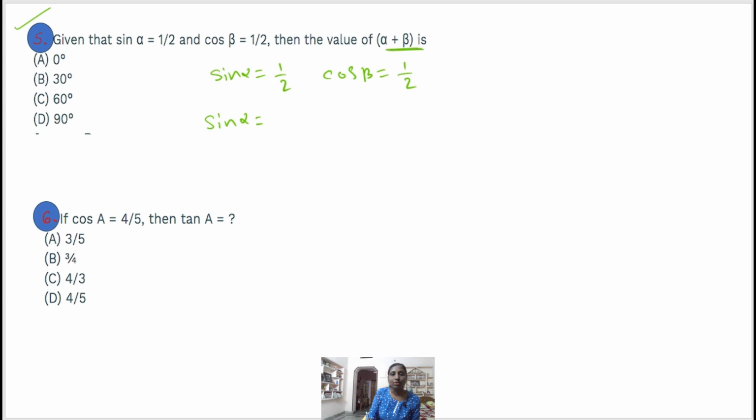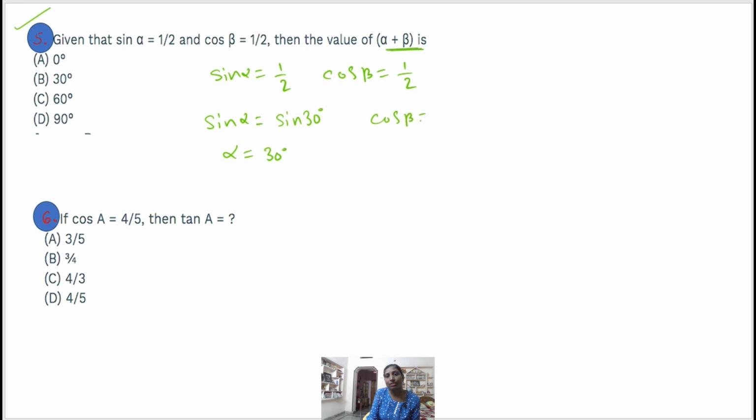So sin alpha is equal to 1/2. Left side sin is there, so sin 0, sin 30, think like this. Which sin value will give you 1/2? Sin 30. So comparing both sides, alpha is equal to 30 degree. Now cos beta is equal to 1/2.